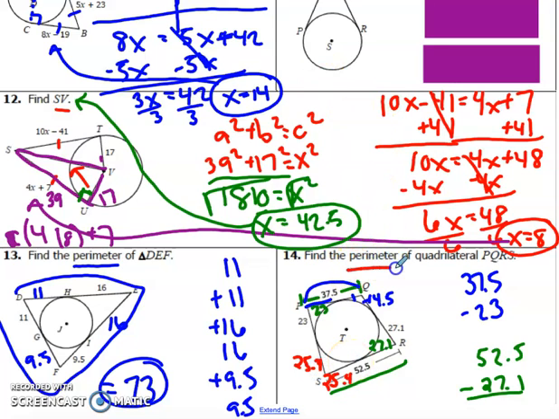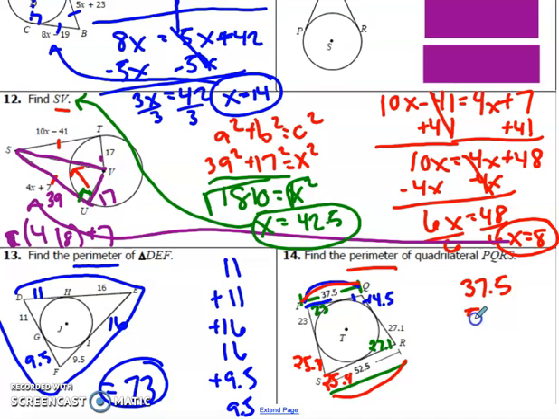So now I can find the perimeter of my entire quadrilateral from P to Q to R to S. So when I add that, make sure you count everything in. You can add each one individually, or if you want, I'm going to add this 37.5 in, and then I'm going to add this 52.5 in, and then I'm going to have to take these two individually.